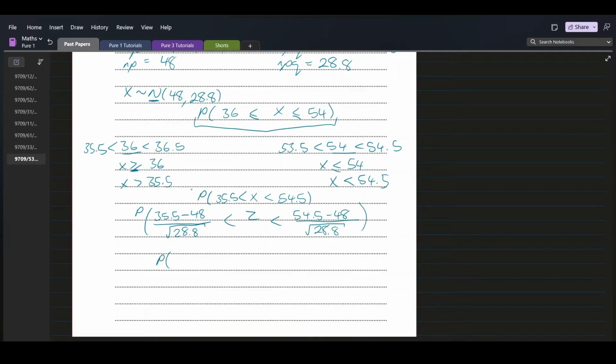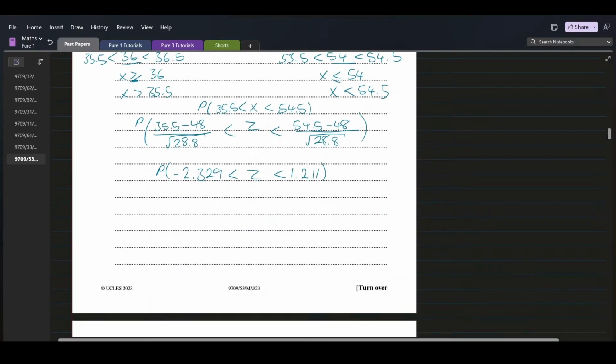And so this is the probability that, let's punch that into a calculator, 35.5 minus 48 over the square root of 28.8, and that gives us negative 2.329, and this is less than z, which is less than, so that's 54.5 minus 48 over root 28.8, and that gives us 1.211.